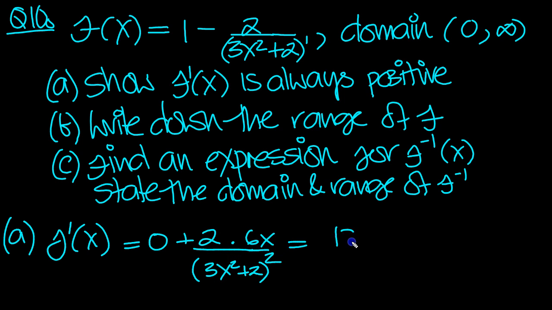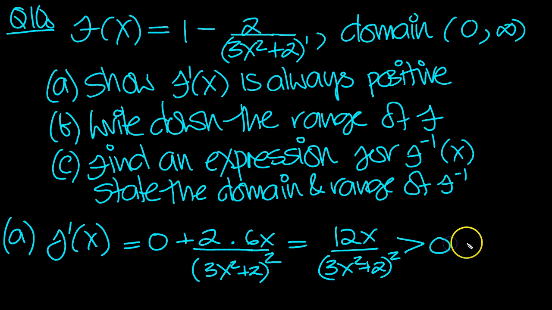So it's equal to 12x over 3x squared plus 2 squared, and we can see that that's positive since x is positive. So the top numerator is positive, of course. This is always positive anyway. So the whole fraction is a strictly positive number for any x positive. So that's done there.